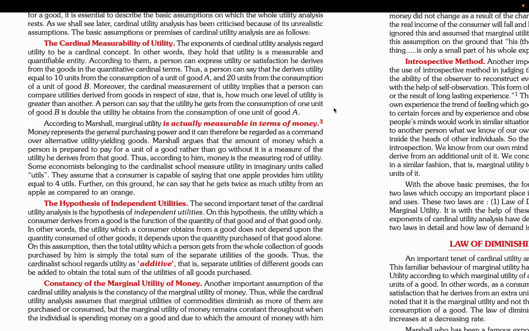Thus, a person can say that he derives utility equal to 10 units from the consumption of a good A, 20 from B. Moreover, the cardinal measurement of utility implies that a person can compare utilities derived from goods in respect of size, that is, how much one level of utility is greater than the other.